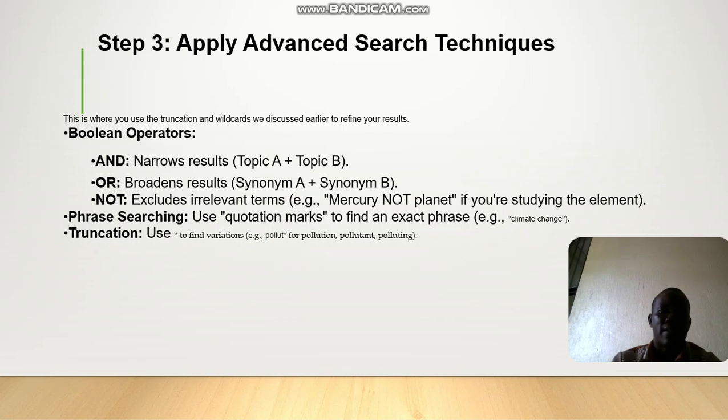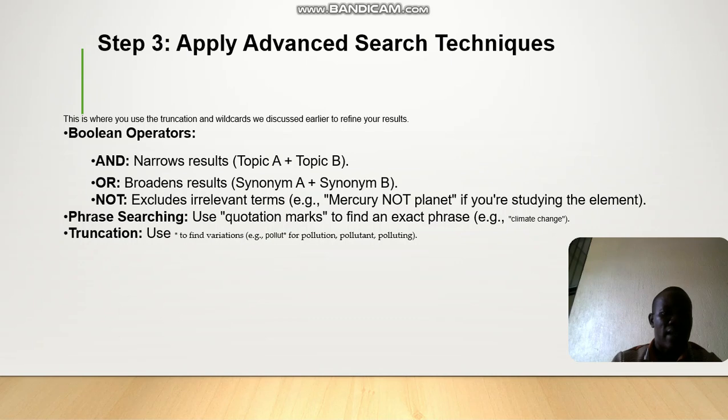In step 3, you are going to apply advanced search techniques. This is where you use the truncation and wildcards that we discussed earlier to refine your results. You will also need to consider the Boolean operators. Remember in the previous discussion, we said the Boolean operators are AND, OR, NOT.